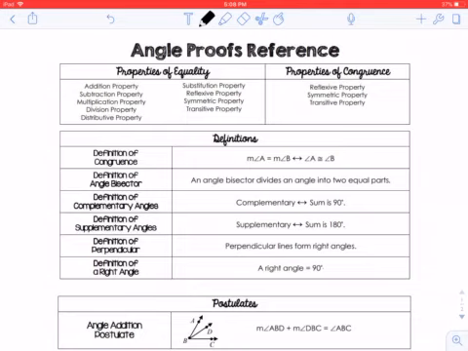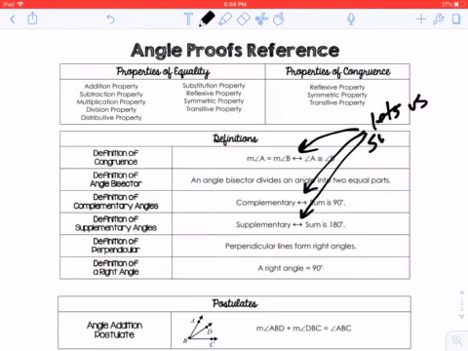So that's what this arrow right here means. It lets us switch both ways, from equal to congruent or from congruent to equal. And right away while we're looking at this, I want to make a note going down to this arrow, saying that this lets us switch both ways.